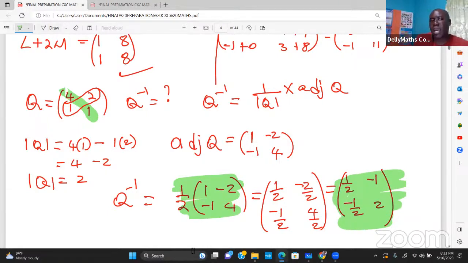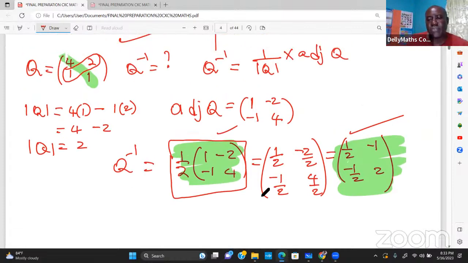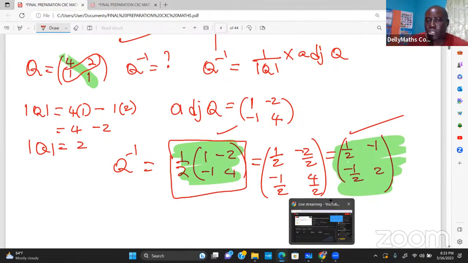But I've marked this question already, and if a student does this, it is already correct. So good to go. There is our inverse of the matrix Q: 1 over the determinant, multiplied by the adjoint, and we're good.